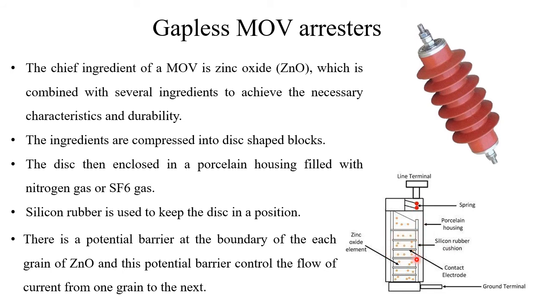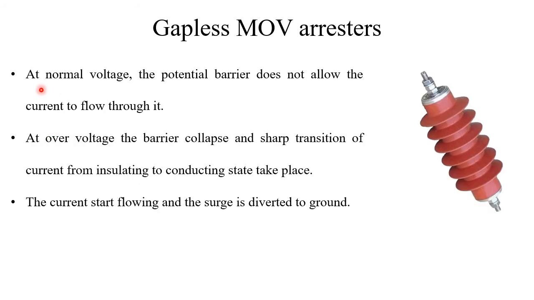All the discs are kept in their respective positions, and there is a potential barrier at the boundary of each grain of zinc oxide, which is the main component of this arrester, and this potential barrier controls the flow of current from one grain to the next grain. So ZnO is very important in controlling the flow of current. At normal voltage the current will not flow through this arrester because of the potential barrier of zinc oxide.